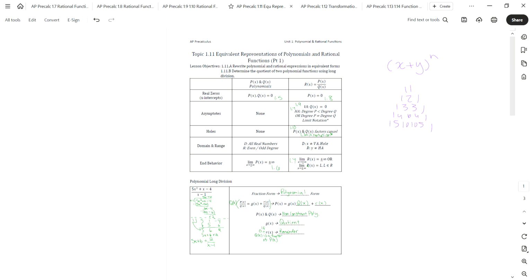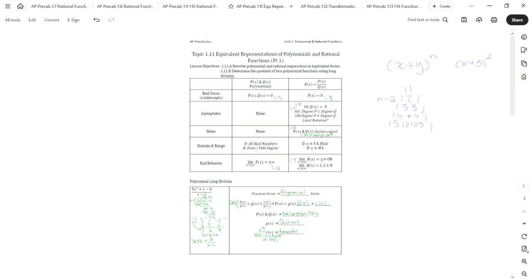Now, we've all seen quadratics before, like x plus 3 squared, right? The exponent refers to the second row of Pascal's triangle.